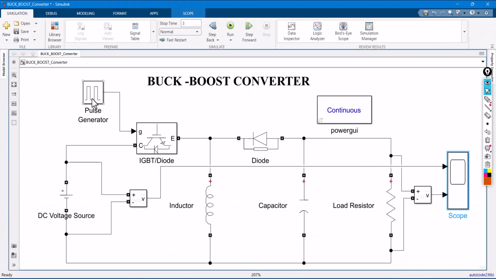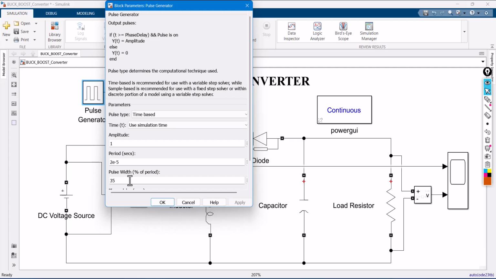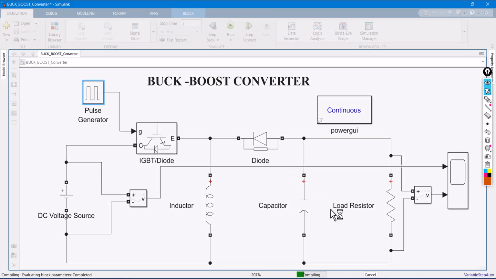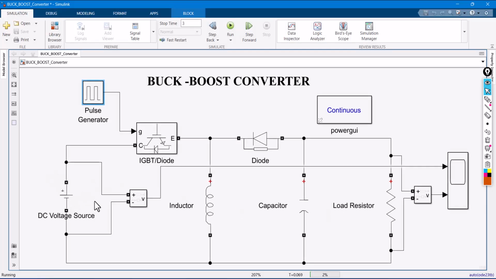At the same time, if my pulse width, that is the duty cycle, is more than 50%, let me take 78%. At that time also you'll get the same kind of output. It's an inverting output, but it will be in boost mode.